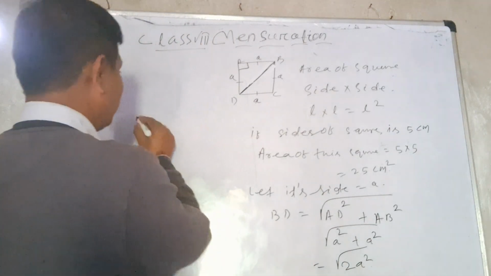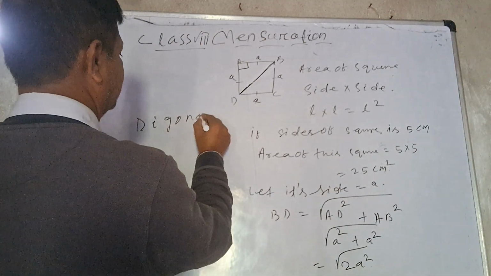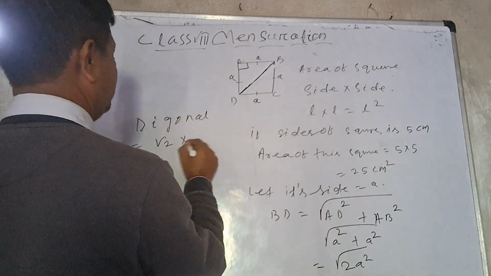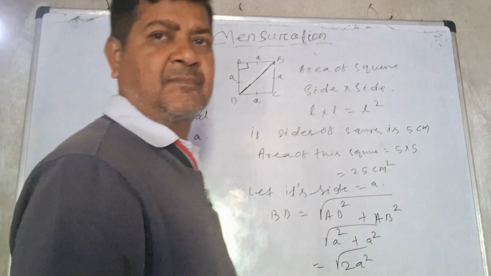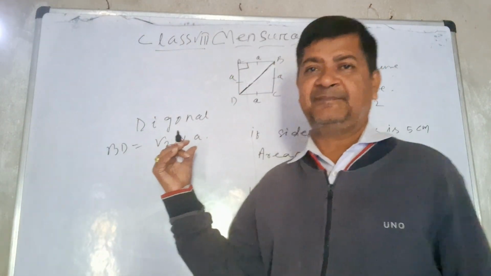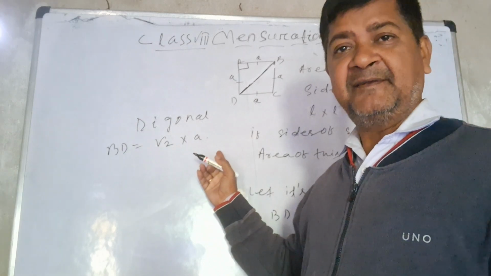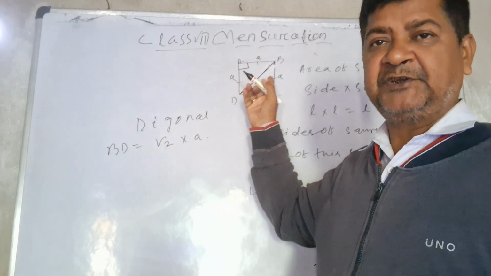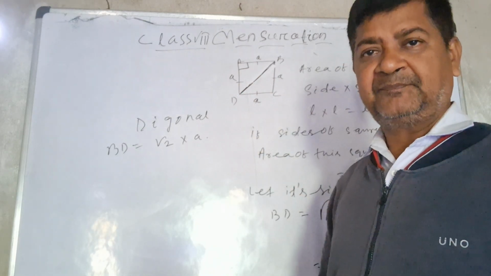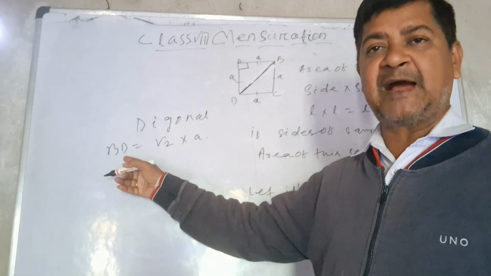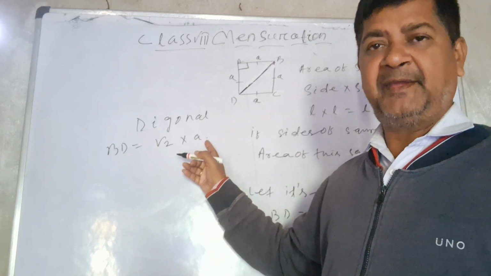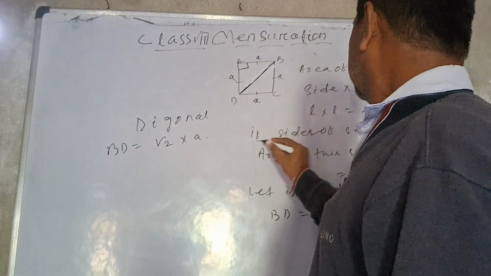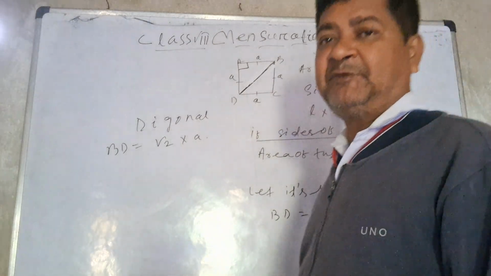That means diagonal BD is root 2 into A. Is it not interesting? If A, the side of this square, is given, you will utilize this formula root 2 into A. Here the side of this square, 5 cm, is given.